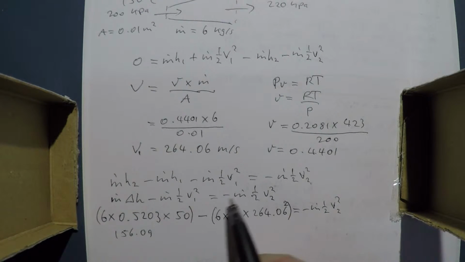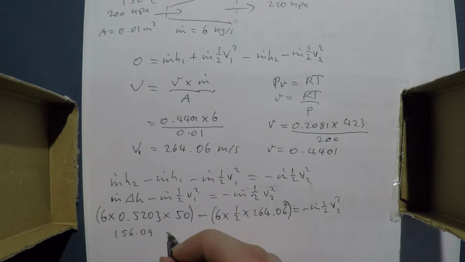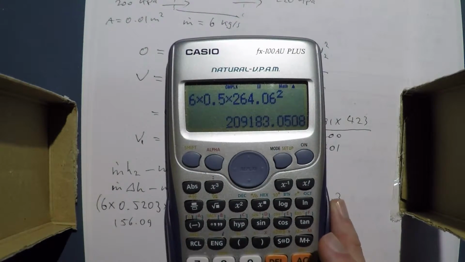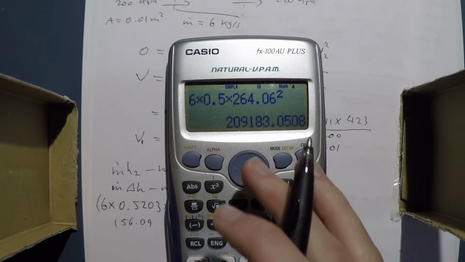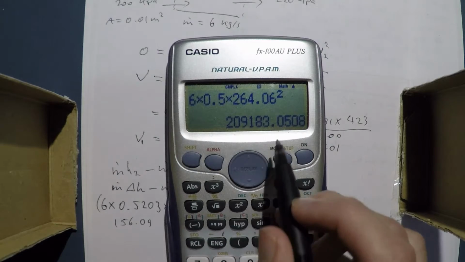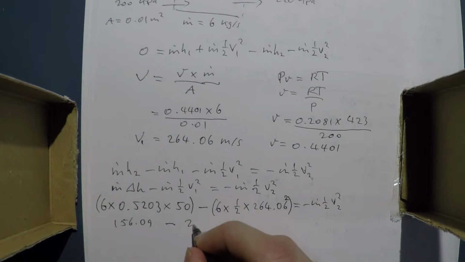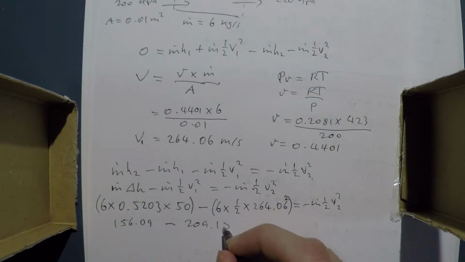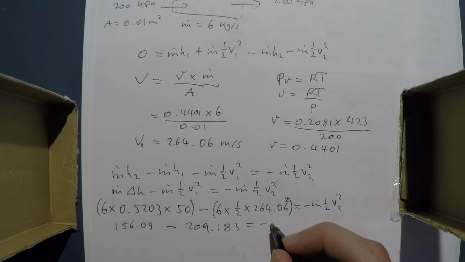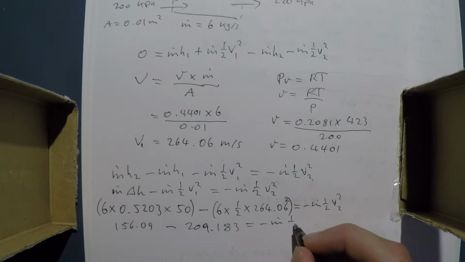Now, this is in joules. This equation is in kilojoules. So we got 209,183 joules, but we have to convert to kilojoules. So we move the decimal point to the left 3 times. So 209.183 kilojoules equals negative mass flow rate half V squared outlet, the outlet velocity.